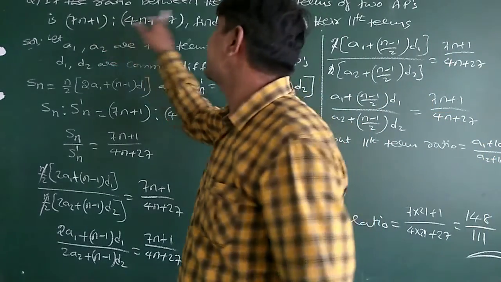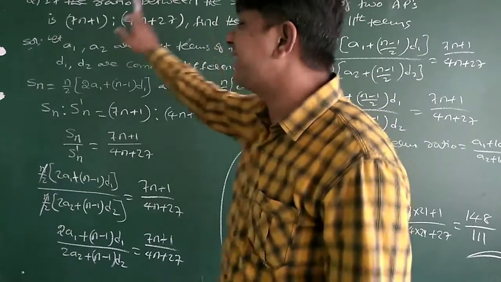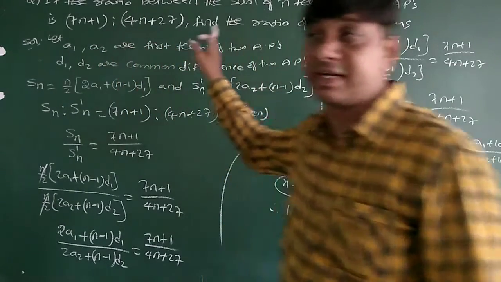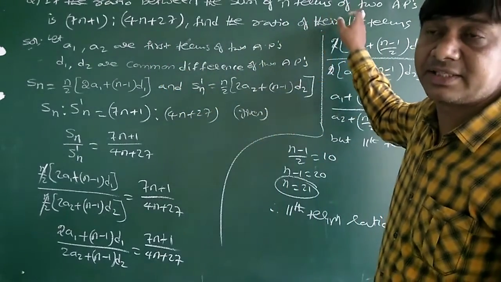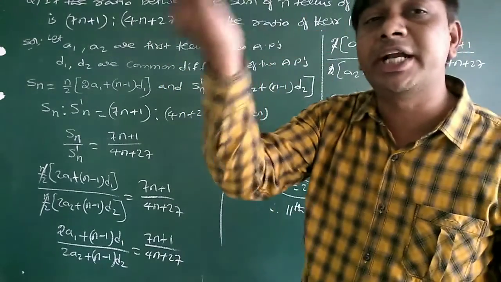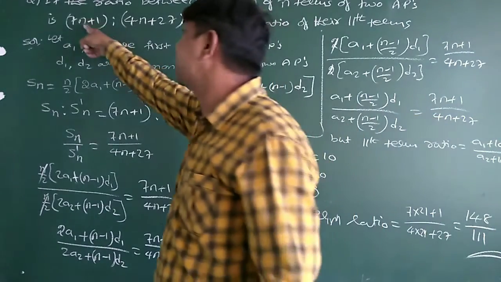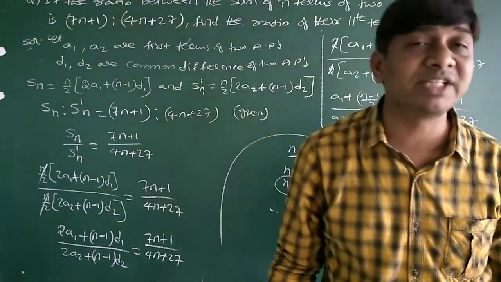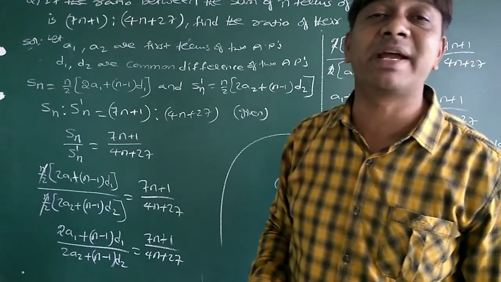Since they asked the 11th term ratio, and they gave the Sn ratios: 11 twos are 22, 22 minus 1 is 21. Substitute 21 here and you will get the 11th term ratio. If they ask the 13th term, 13 twos are 26 minus 1.